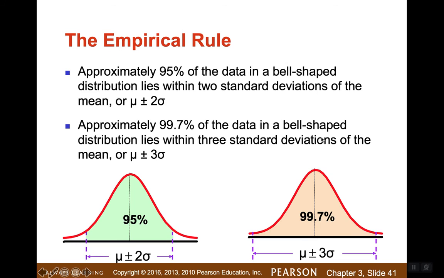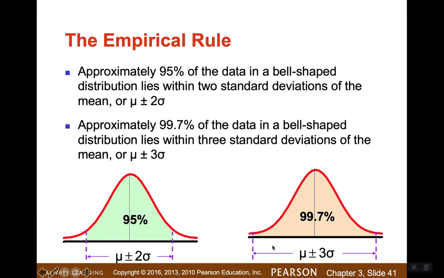All right, so if I calculate my standard deviations and I have my mean, I can say 99.7% of the data is going to lie within this particular range. It's a pretty good number. 99.7 is a pretty high number. 95 is a pretty good number.